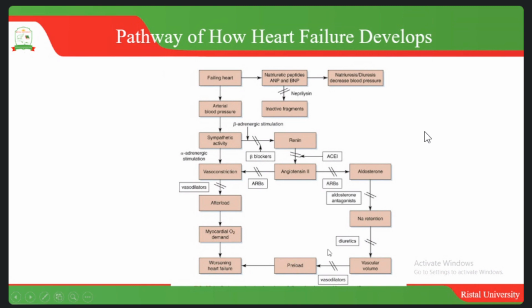Then also you can look at this side of the renin. In case of the sympathetic activity, there can be production of renin, and this renin can release renin angiotensin 2, which is also a chemical which can cause the production of aldosterone, and this aldosterone can lead to the retention of sodium into the blood vessels, into the kidneys, into the tissues.